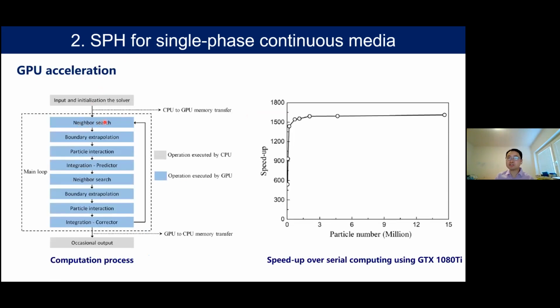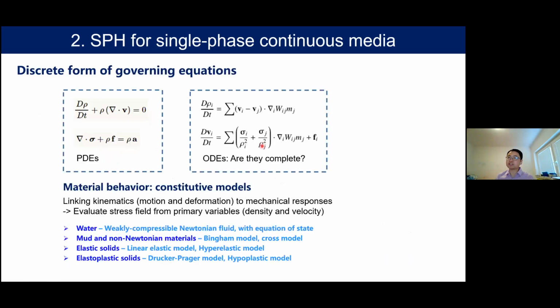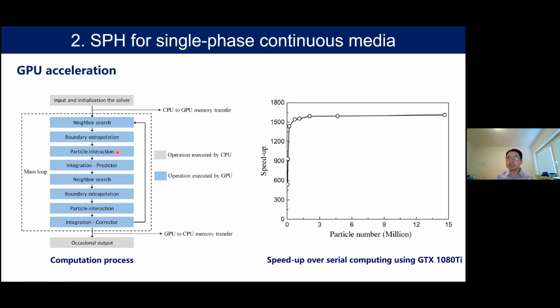That is the neighbor search, and you prepare the particle indices, and then do the boundary treatment to prepare the boundary condition, and then do the particle interaction. That is this part, to compute the change of density and the change of velocity, which is acceleration. This part usually is the most time-consuming part.